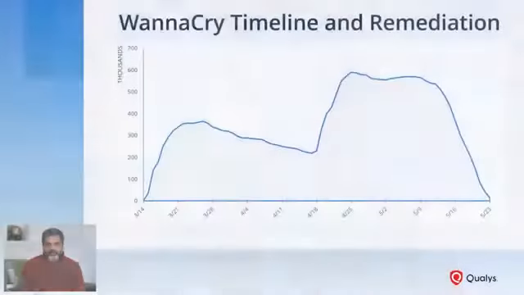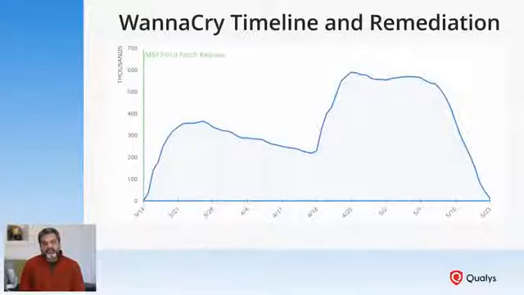It's highlighted very well with this WannaCry example, where the CVE for that particular vulnerability came out in March, just recently, in 2017, I think.